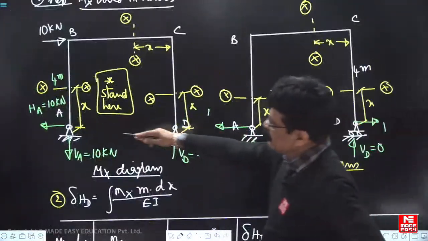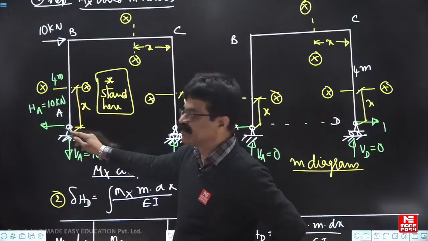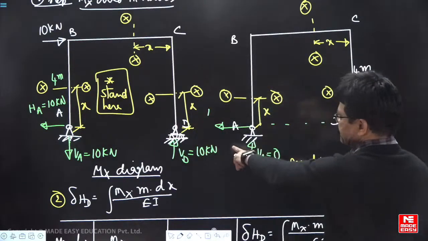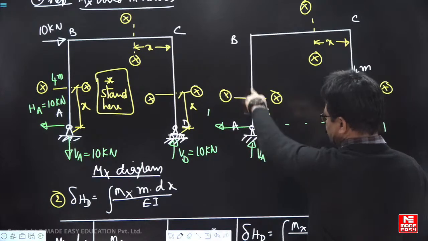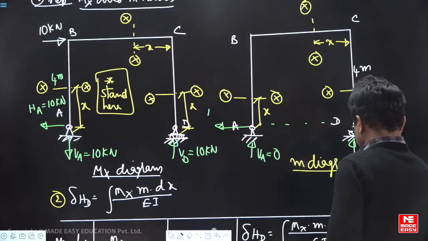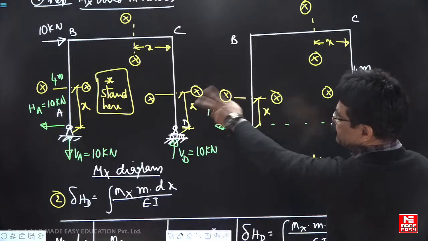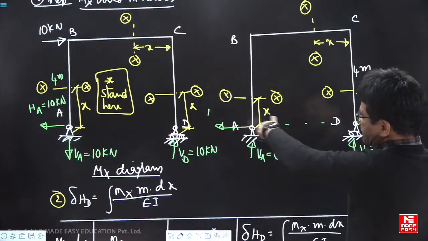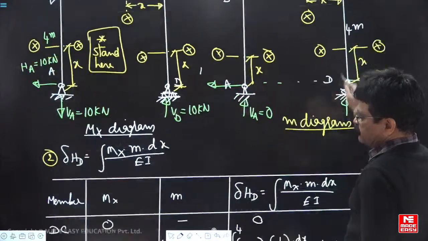Similarly, AB member. Now AB member you will take our starting point here, A to B. So plus 10 into x, plus this VA 0, plus 1 into x. It is not same because both members' structure is not symmetrical. So plus 10 into x, plus 1 into x.